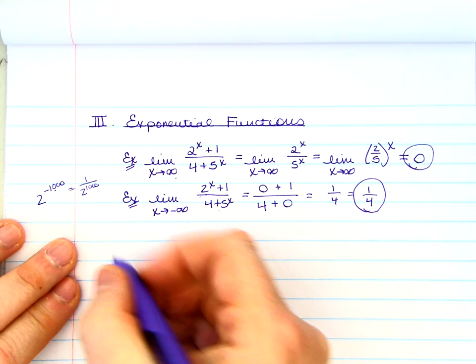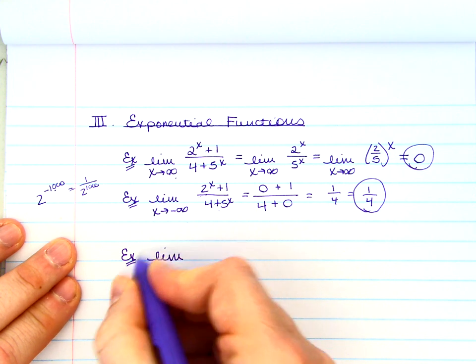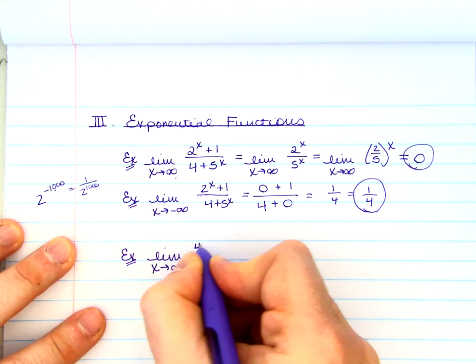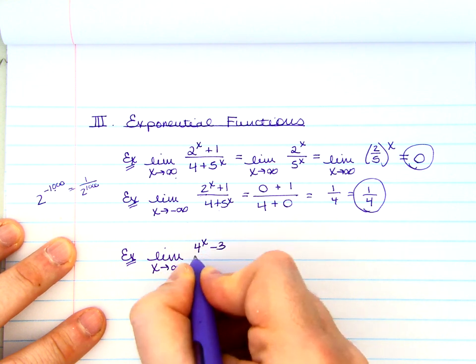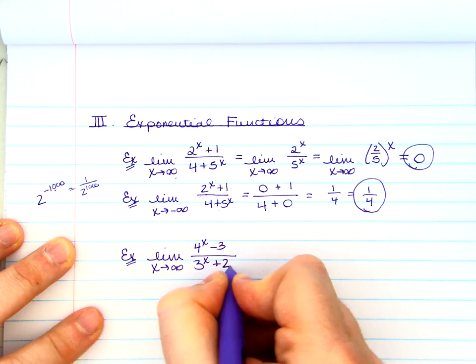2 more of these. The limit as x approaches infinity of 4 to the x minus 3 over 3 to the x plus 2.